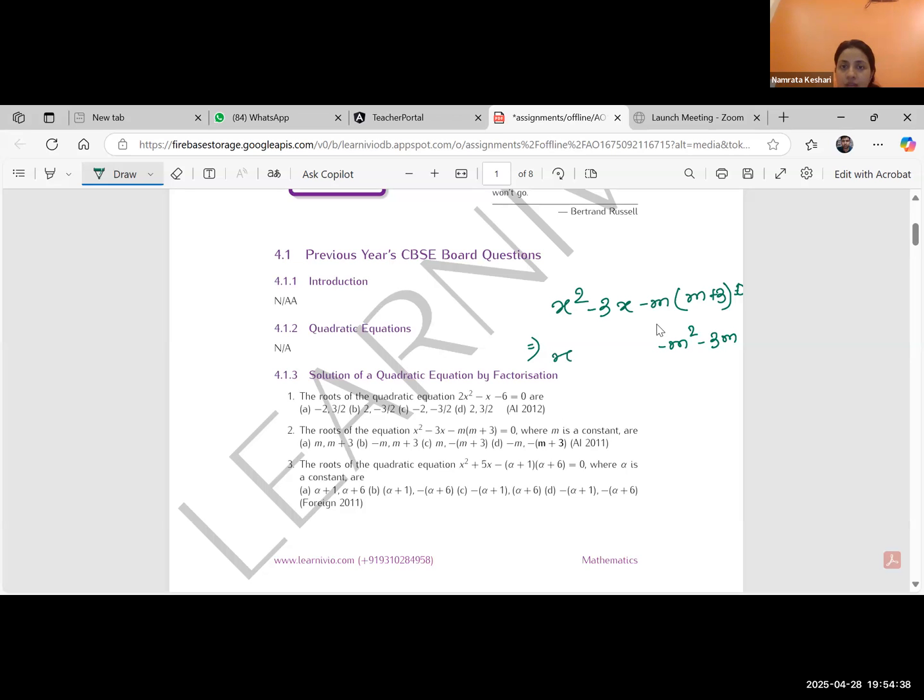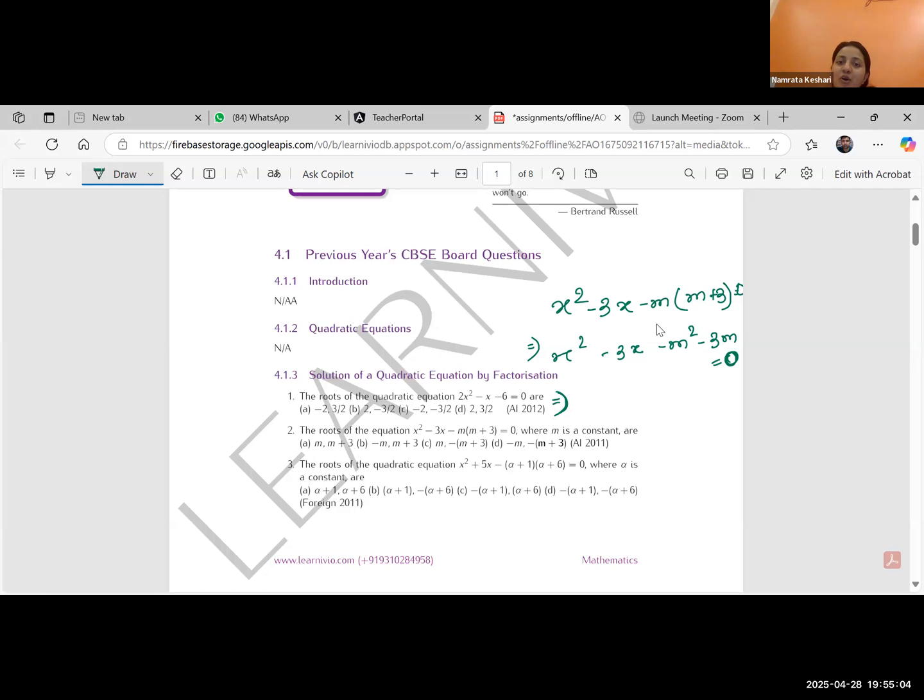Then we can use this one also, right? Minus b plus or minus the root, that one also, right?